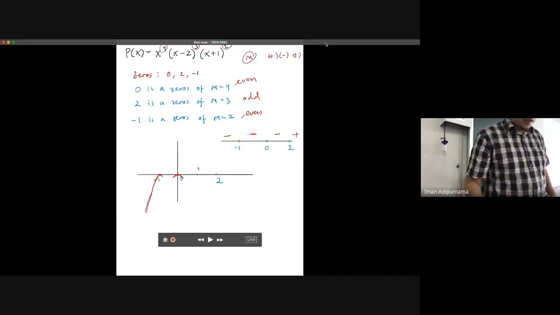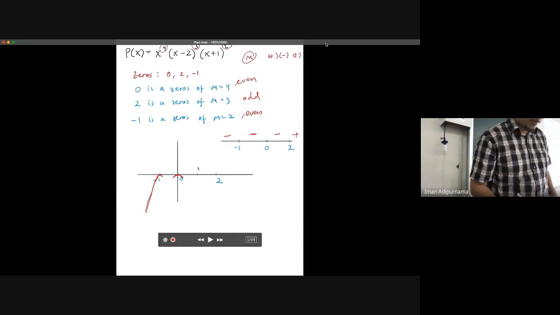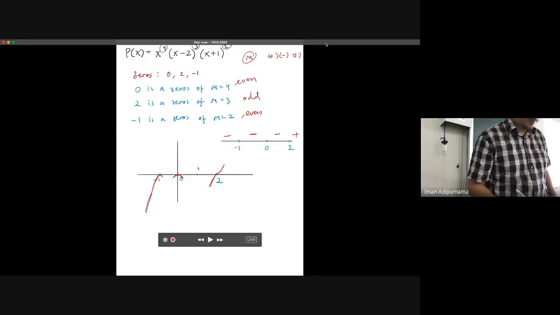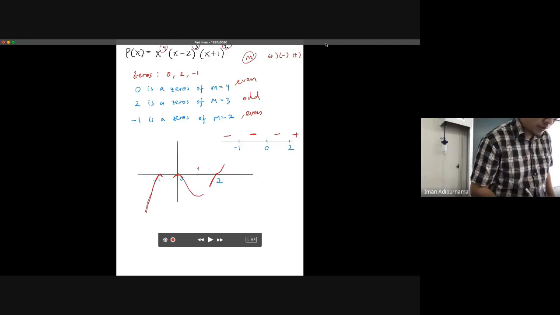And then 2 is an odd function, so here it should behave as an odd function. Maybe it's around here because it's going to be positive. Maybe the graph will look like this.